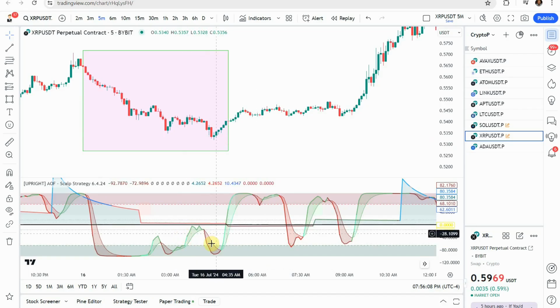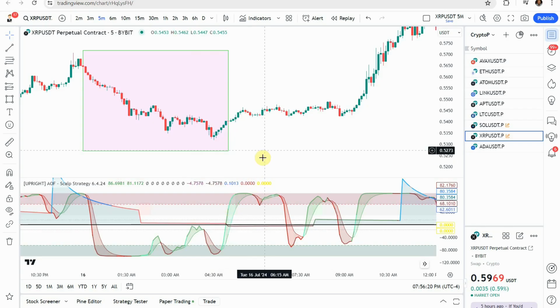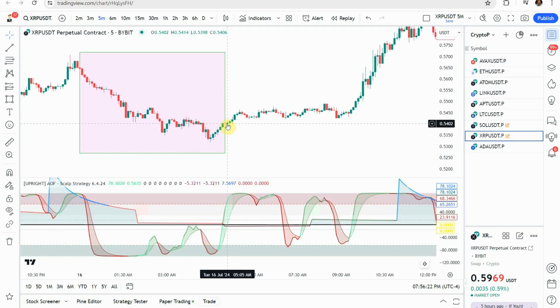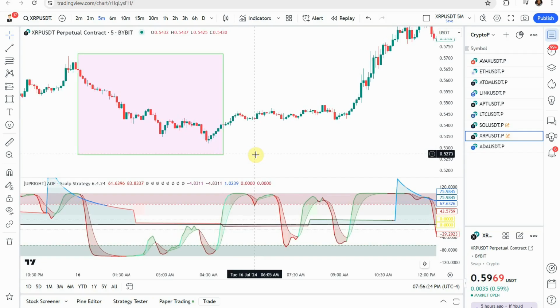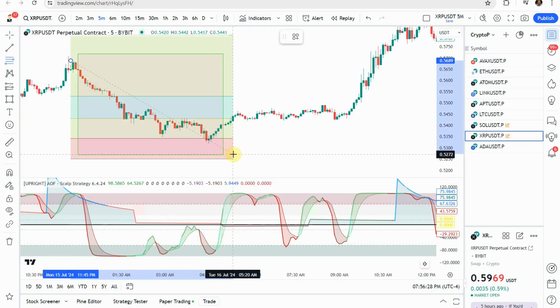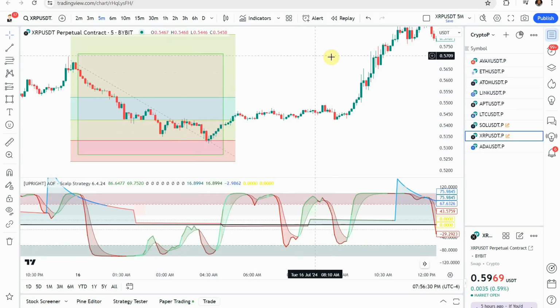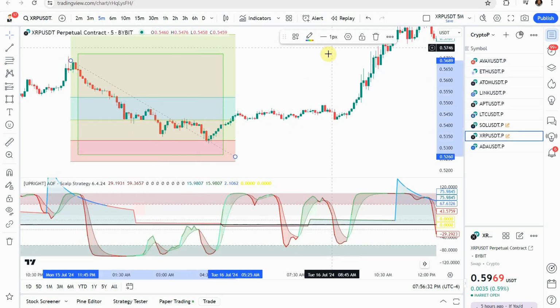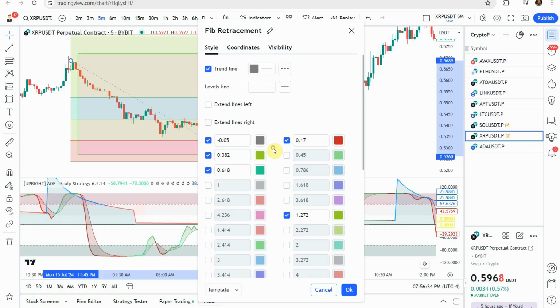So again, we see the inverse Fisher transform breaks back up above the 0 line, and it breaks above this dashed line at the positive 6.5. And when it does that, that would be our entry into a trade right there, a long trade. And what we would do is draw a fib like this here. And here are the levels of this fib if you're interested.